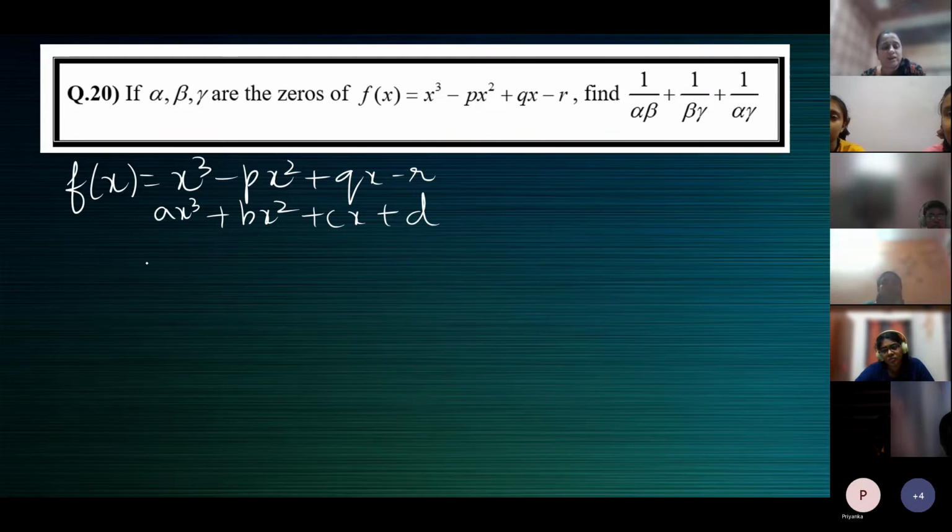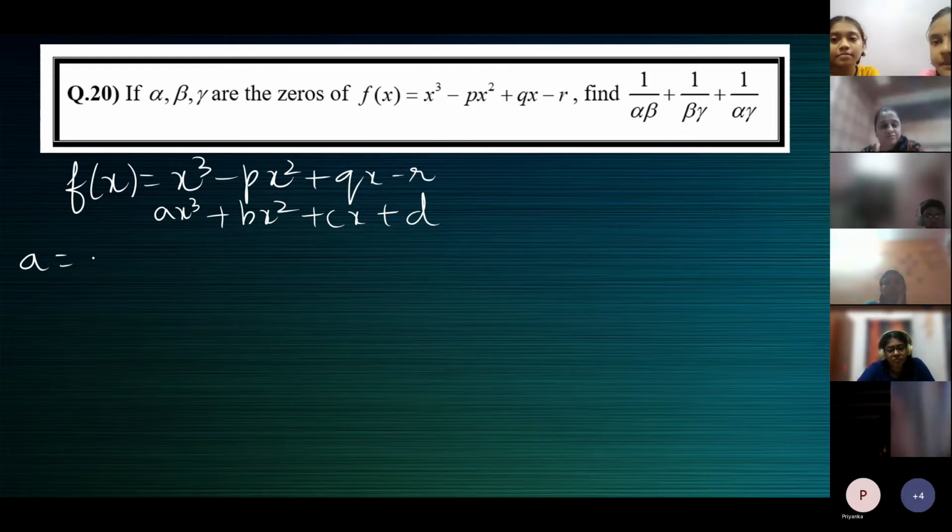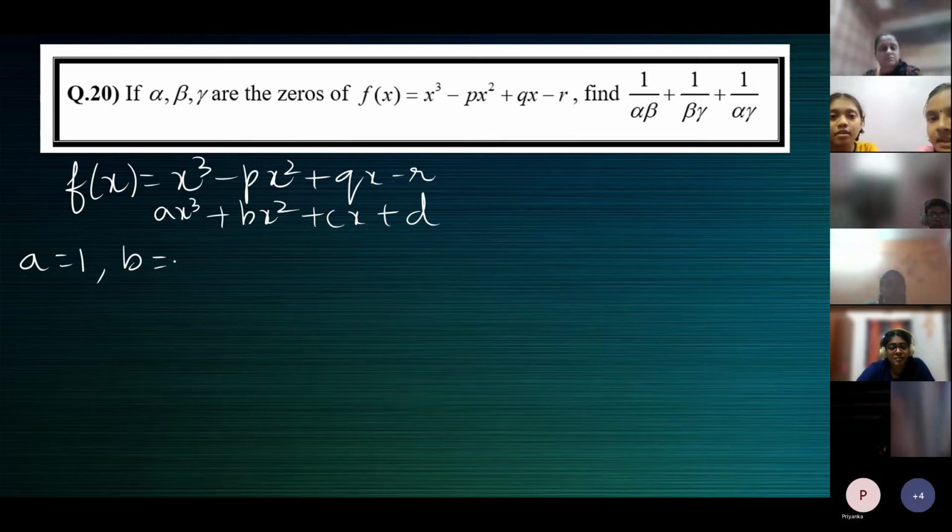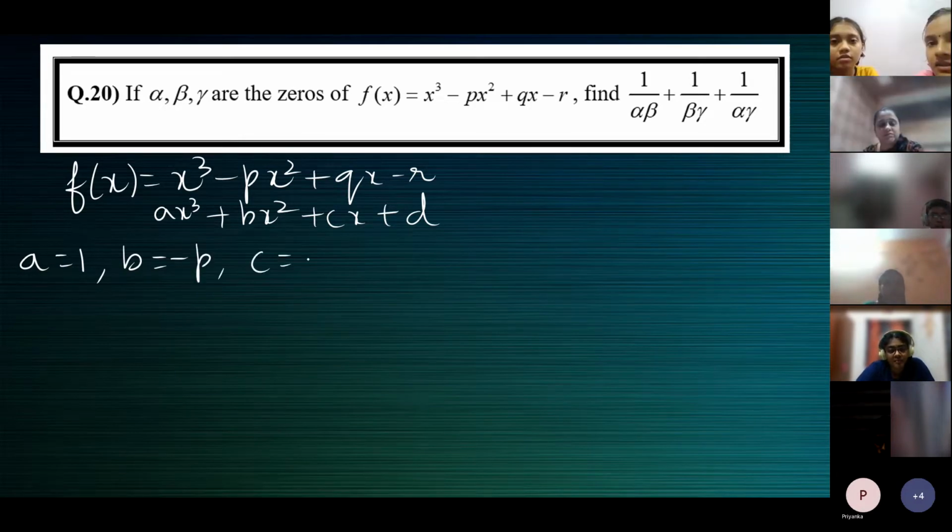So what is the value of a? 1, ma'am. What's the value of b? Minus p. What's the value of c? q, ma'am. What's the value of d? Minus r.